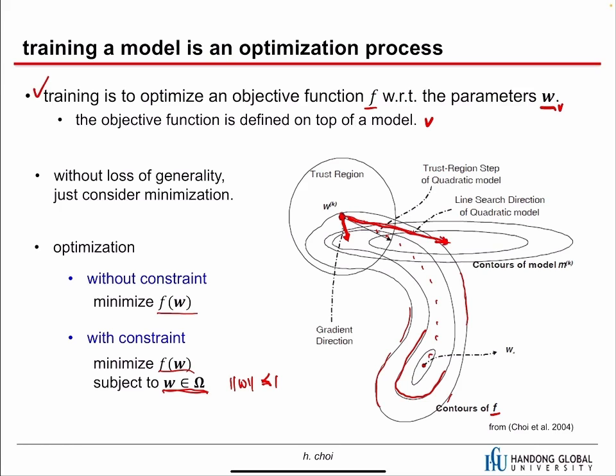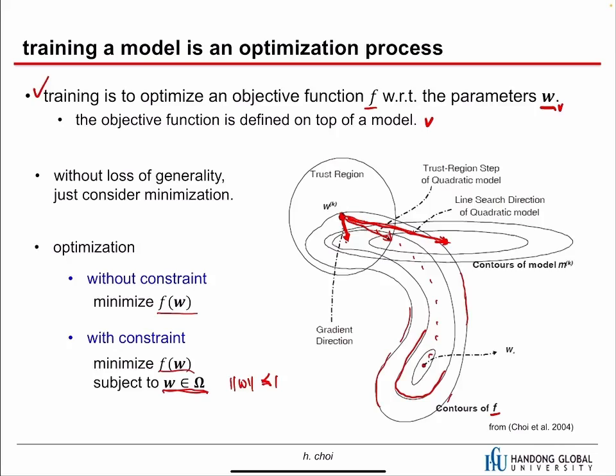And the third method is actually a compromise between these two, gradient and the Newton method. So instead of taking this simple gradient direction or the quadratic method, the trust region method finds somewhere between these two. We're going to talk about these algorithms later, but in this slide, what I want to say is that there are three different approaches: the gradient based method, the quadratic model based method, and the trust region method.